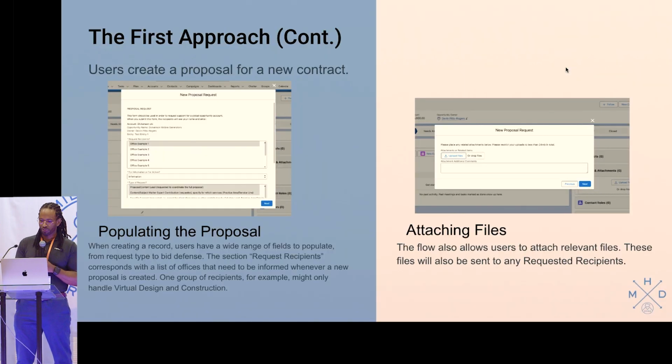With just the list of fields available, users had the option to not only populate those requested recipients, the offices that needed to know when a proposal request was being created, but the request type, other information like whether or not we think that a purchase is likely to take place, and even attach any additional attachments. And these documents would be associated with both the opportunity as well as the proposal.